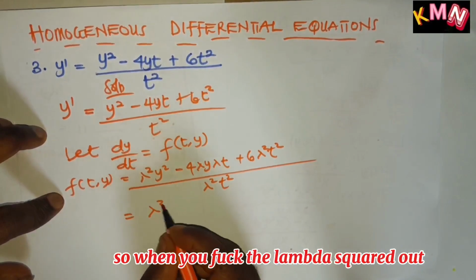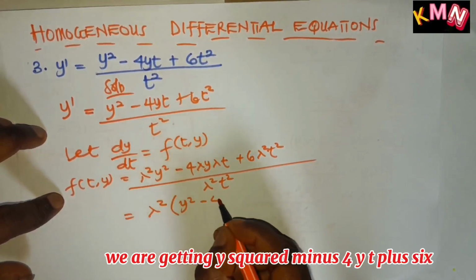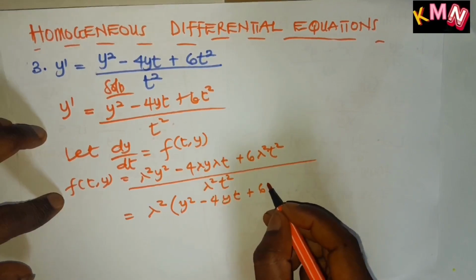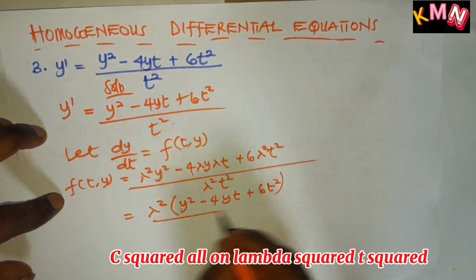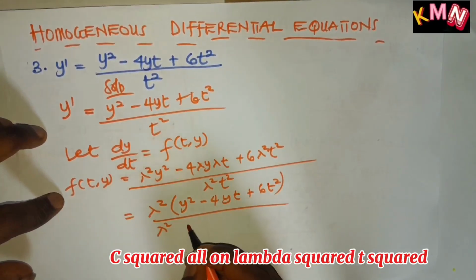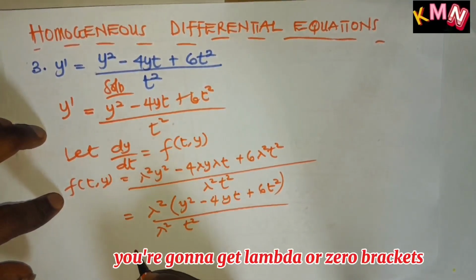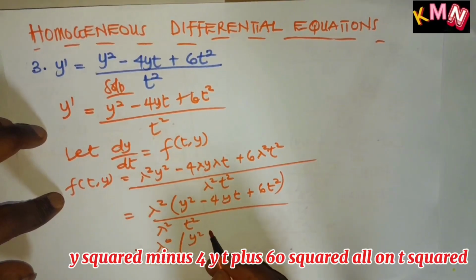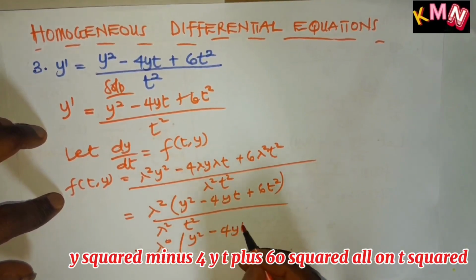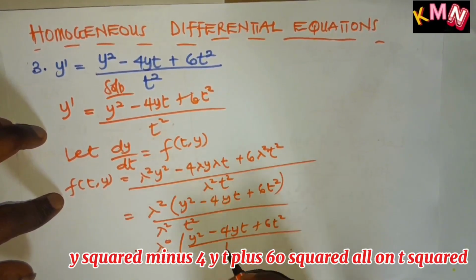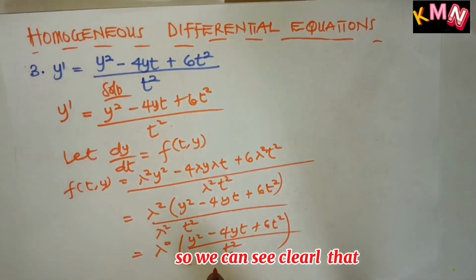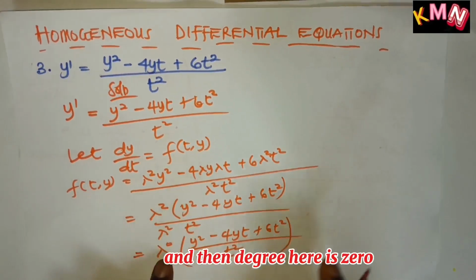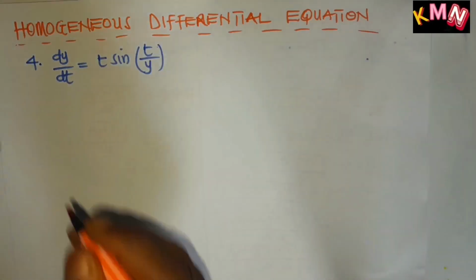So when we factor lambda squared out, we are getting y squared minus 4yt plus 6t squared all on lambda squared t squared, which gives lambda power 0 bracket y squared minus 4yt plus 6t squared all on t squared. So we can see clearly that this is homogeneous in the sense that we're able to factorize all the lambda out, and the degree here is what? 0.